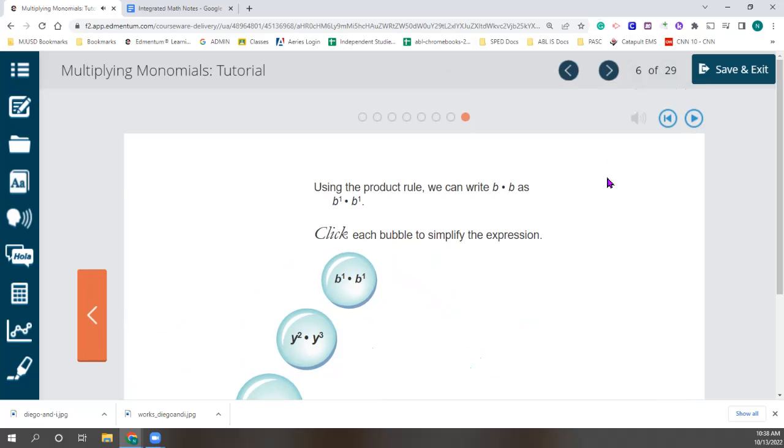Using the product rule, we can write b times b as b to the 1st times b to the 1st. Click each bubble to simplify the expression. B to the 1st plus b to the 1st equals b to the 2nd.